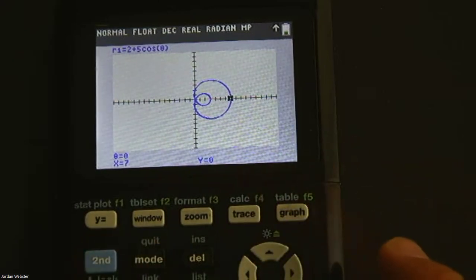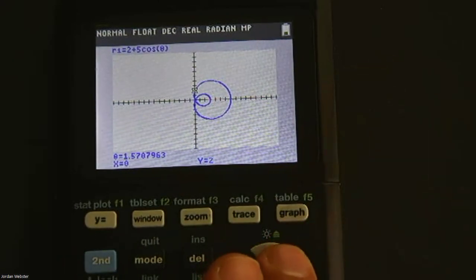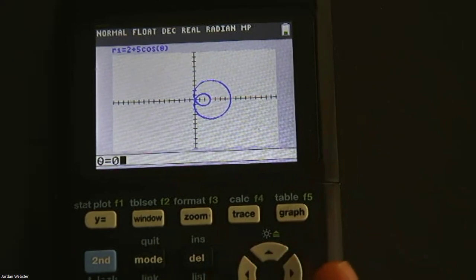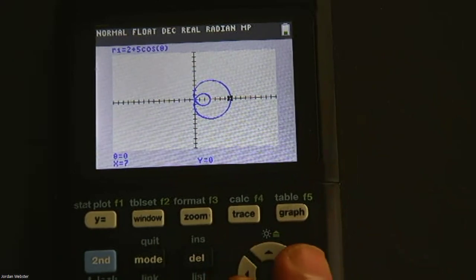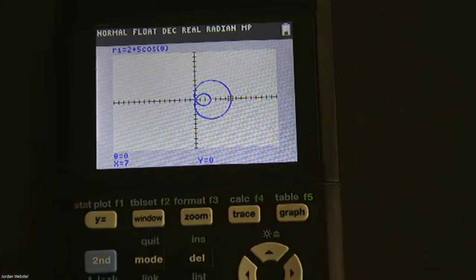Angle pi over 2 gets me over there, and so on and so forth. Hopefully that all makes sense. So that's how we can graph polar equations and then trace out where we hit the origin with the TI-84.